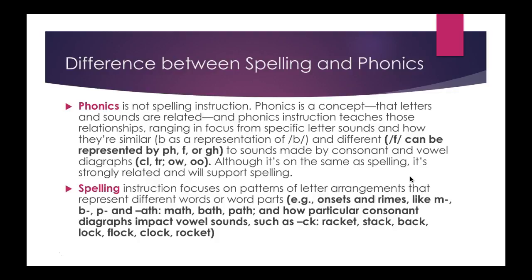But in spelling instruction, you're going to be teaching about how that digraph CK is going to impact the vowel sound. There are exceptions, but it's going to impact the vowel sound and make the A have a short sound. So it's not rake it, it's racket, right? It's not steak or stock, it's stack and back. And then same with the O, it's lock, flock, clock, and rocket.